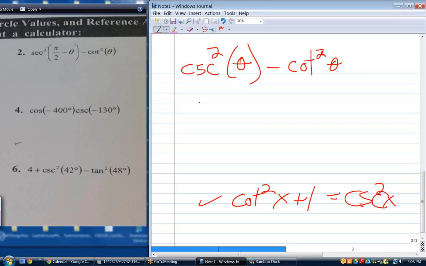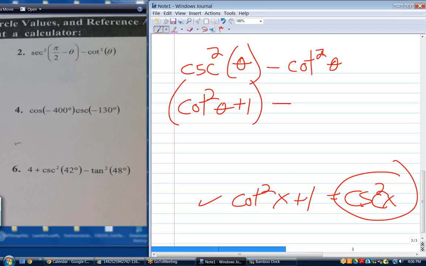Wait, no. It'd be better to substitute for that because we've got that fully defined. Yeah, so it's just parentheses cotangent squared x plus 1. Is that equal to? 1.